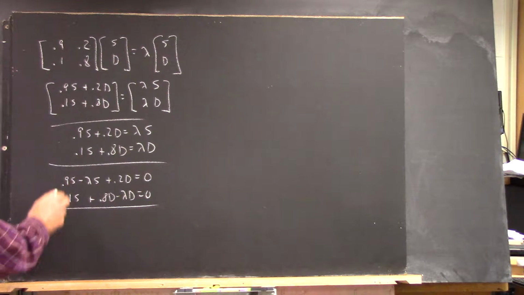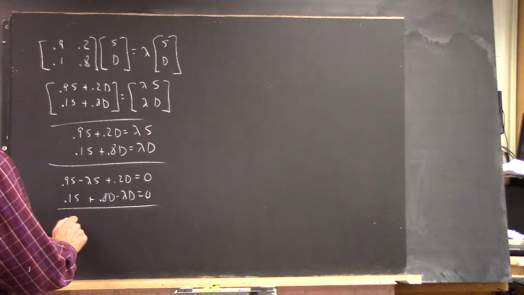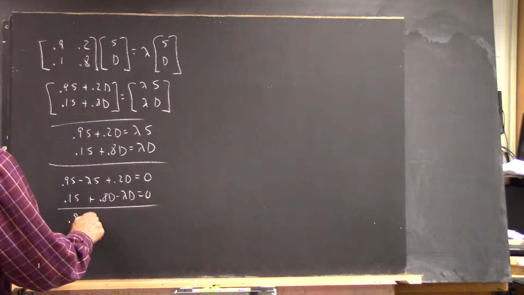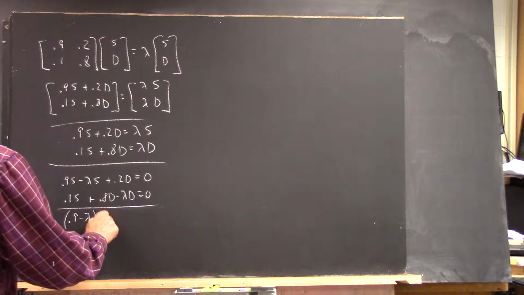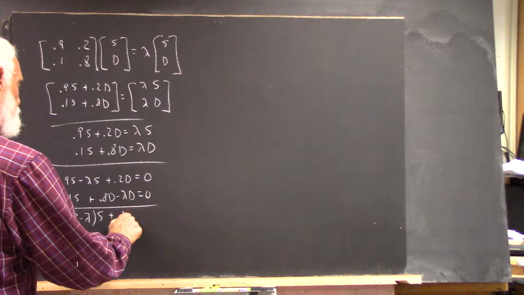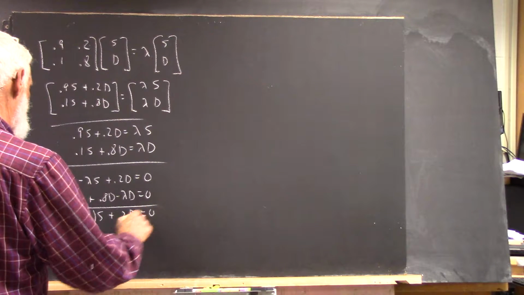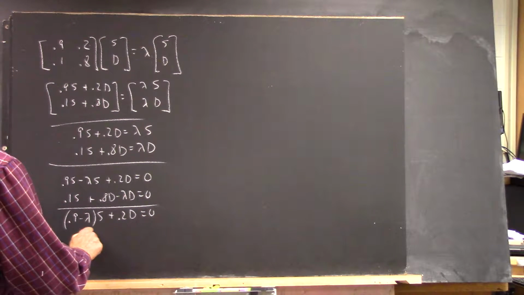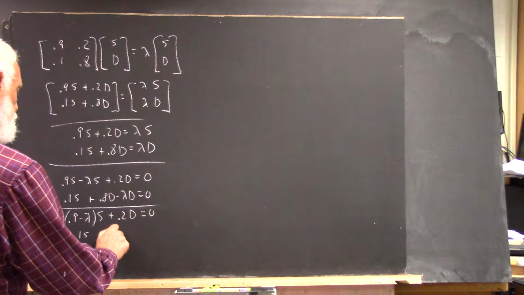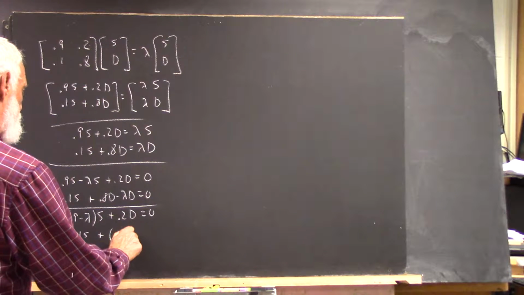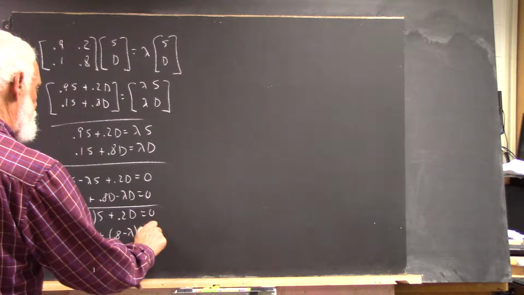And now we factor out the S, and we get (0.9 minus lambda) times S plus 0.2D equals 0, and 0.1S plus (0.8 minus lambda) D equals 0.